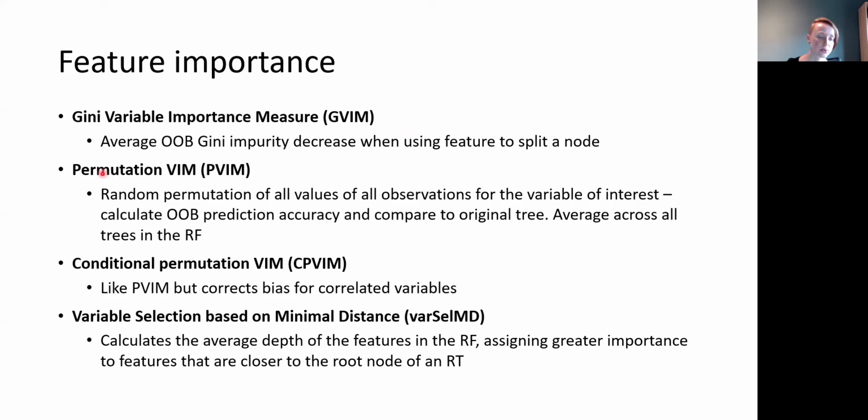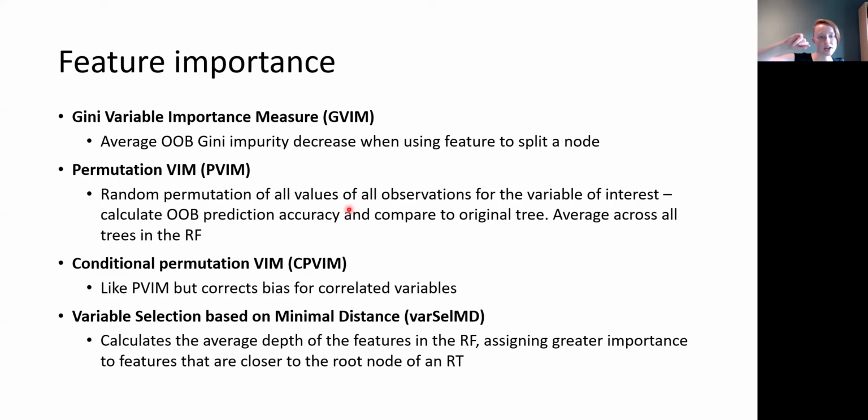There's also something called the permutation variable importance measure, or VIM. This looks at random permutations of all of the values of all of the observations for a particular variable of interest. So essentially, you will run a decision tree in your random forest. You will randomize the values of a particular predictor that you're interested in.